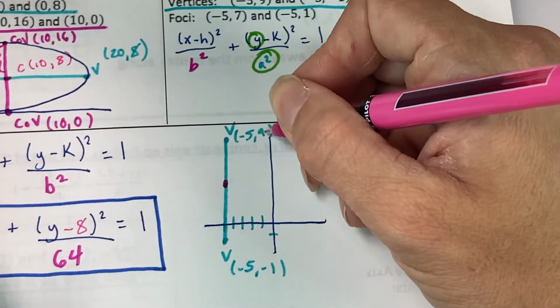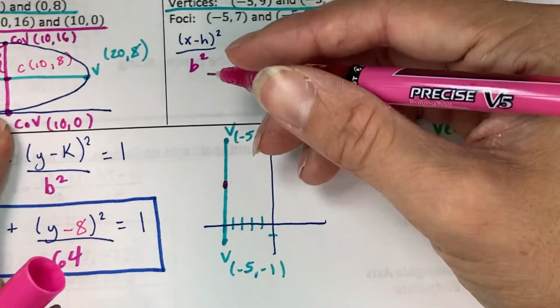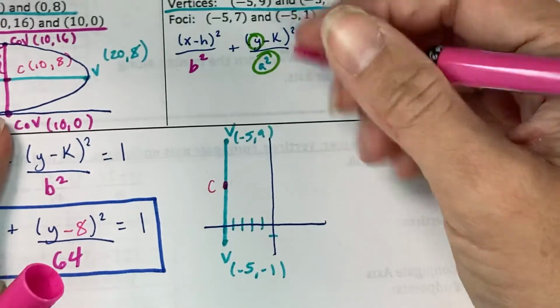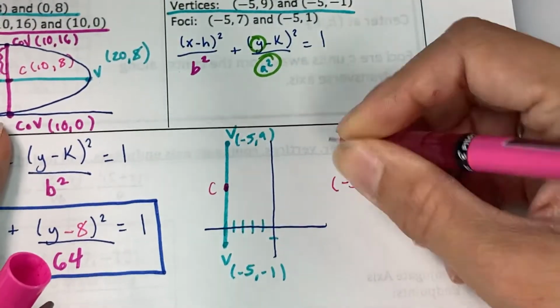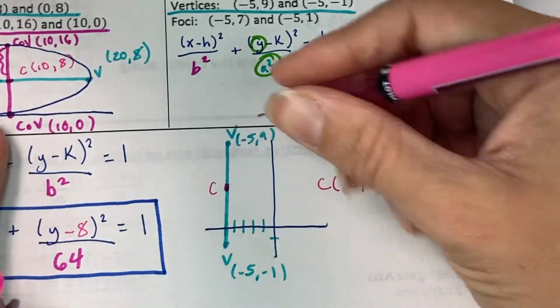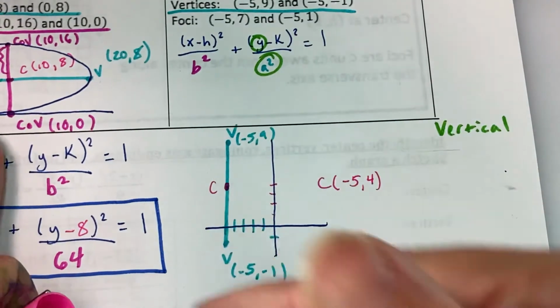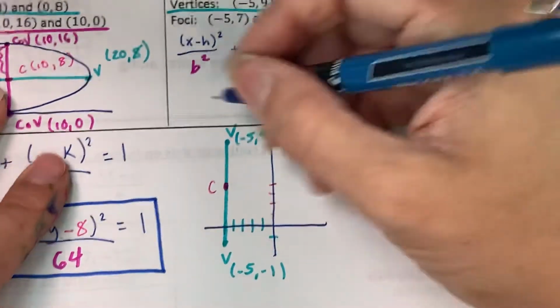And then 9 plus -1 is 8, divided by 2 is 4. So my center is at (-5, 4). Go ahead and write that over here. And that seems reasonable based on my sketchy graph that I have.